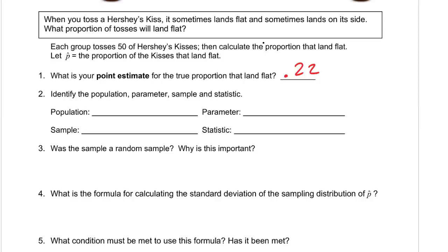The population is all Hershey's Kisses, like all that were ever made in the history of Hershey's Kisses. But the sample we took, or I took, was 50. I actually had to take some out of that bag. If you're interested in buying some Hershey's Kisses, they come about maybe 70 in a bag. So I tried not to pig out last night on Hershey's Kisses to make it work.